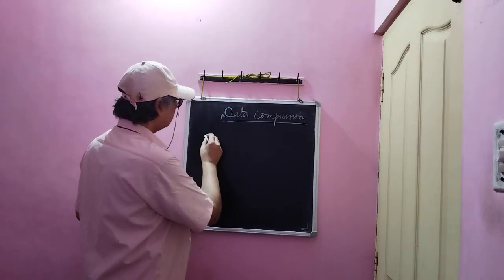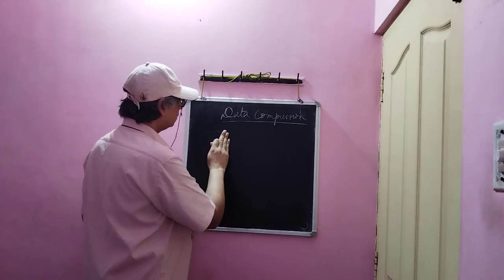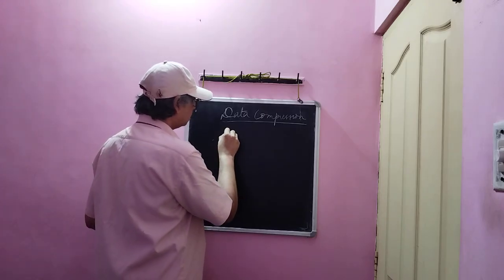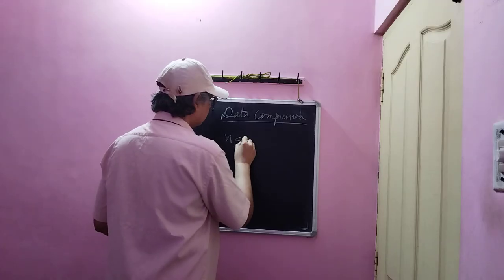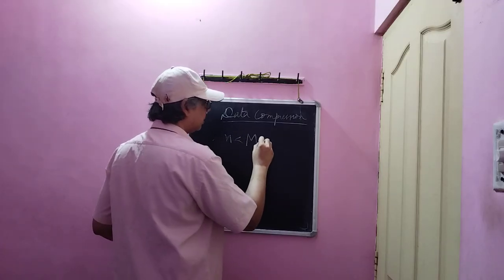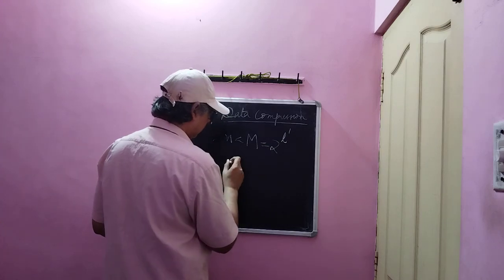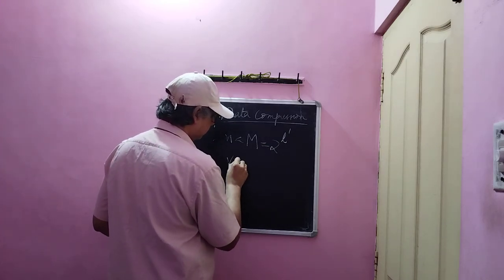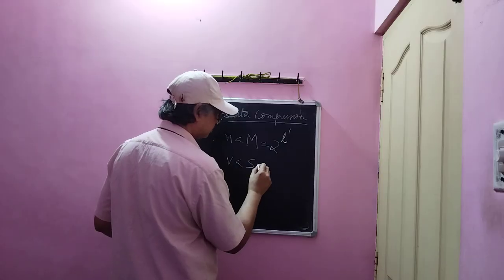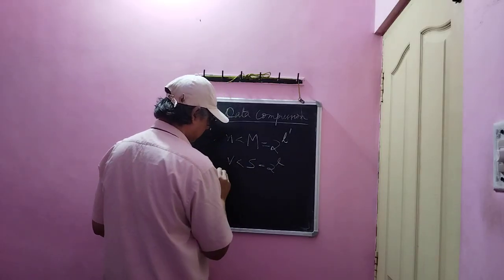Now we know that the objective here again is to map a number n, which is less than m equal to 2 power l dash, to a value b which is less than s equal to 2 power l.